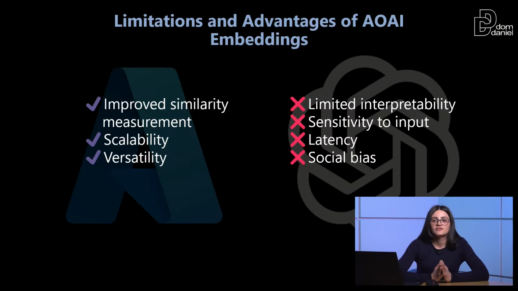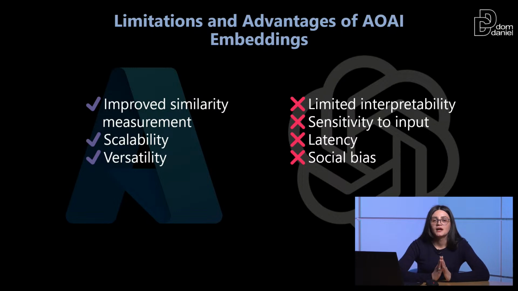So the first advantage with OpenAI embeddings is that they have improved similarity measurement, which means that they capture the semantic similarities of text strings. Also, these models can be used with large amounts of data, which can help them to be integrated into enterprise-level applications. These models also can be used for a variety of tasks, such as recommendations, clustering, or anomaly detection.